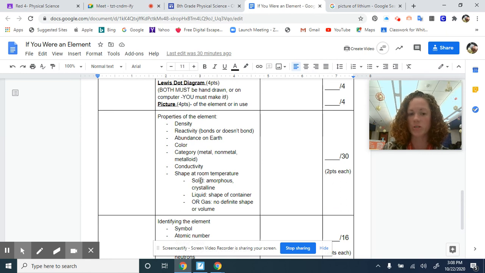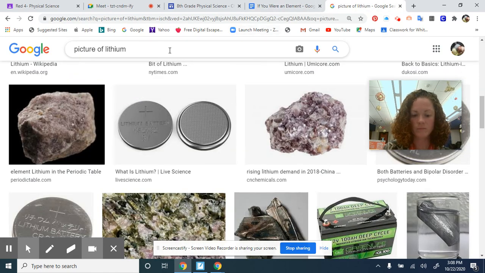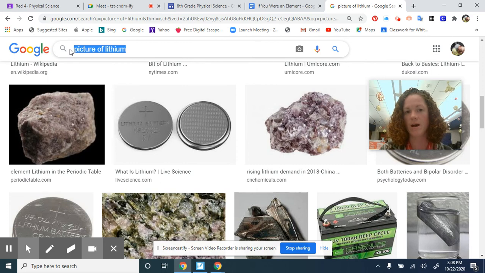Shape at room temperature. So liquid or gas, those are straightforward. You need to just say that it's a liquid, so it takes the shape of the container. It's a gas, it has no definite shape or volume. It fills whatever container it's in. Solid, an amorphous solid or a crystalline solid is the structure that the atoms make when they're bonded together.